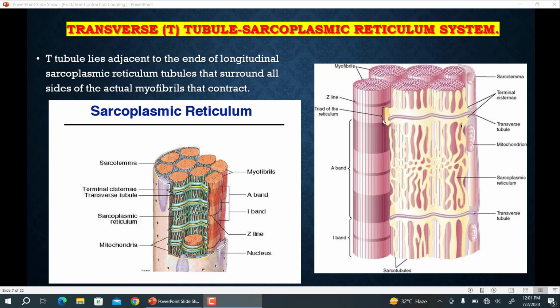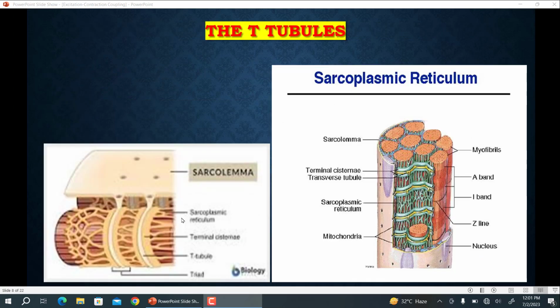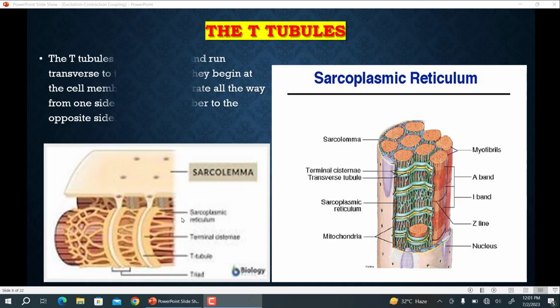myofibril. The T-tubules are located transversely, and this is the sarcoplasmic reticulum. It is located longitudinally. The T-tubules are very small and run transversely to the myofibril.